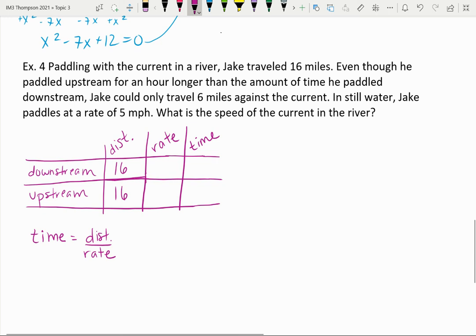Now, in still water, Jake paddles at a rate of 5 miles per hour. Now, if he's going downstream, then he will be going 5 miles per hour plus whatever the current's taking him. So he's paddling 5 miles per hour if the water isn't moving. So if he's going downstream, that means he's going to be going 5 miles per hour plus whatever current is taking him in that direction. So we're going to call this 5 plus C for current.